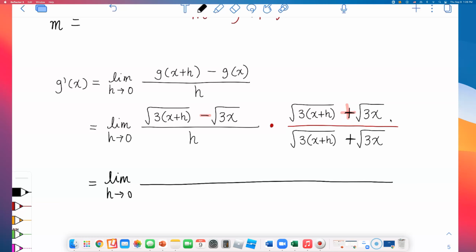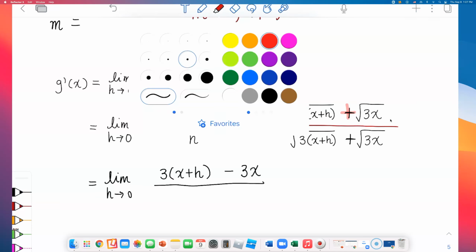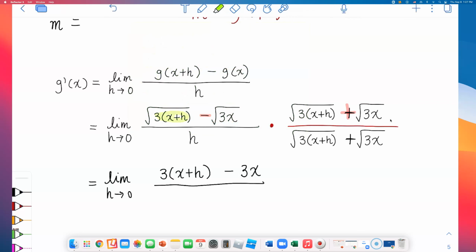So what will I have? I will have 3 times x plus h, and then I will have minus 3x, right? Oh no, I think I made the fraction bar a little too long. I don't need all that. I'm just going to do this much. But what just happened is that these radicands just came right out, right?